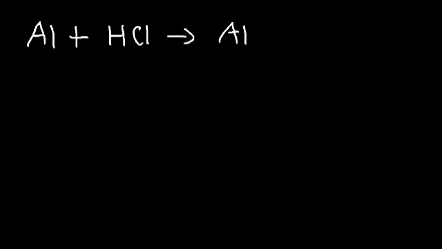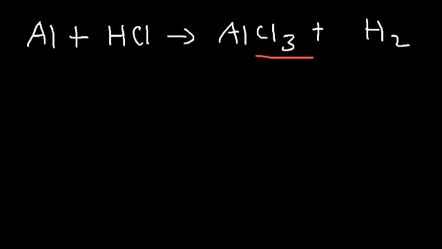Let's try this one. Aluminum plus hydrochloric acid produces aluminum chloride and hydrogen gas. So feel free to pause the video and work out this problem. Let's begin by balancing the number of chlorine atoms.